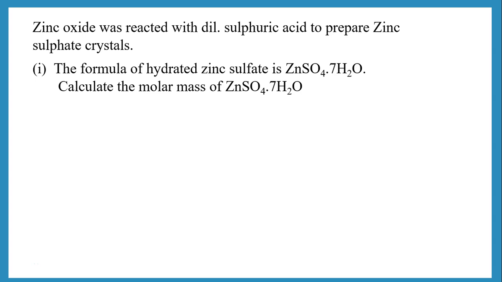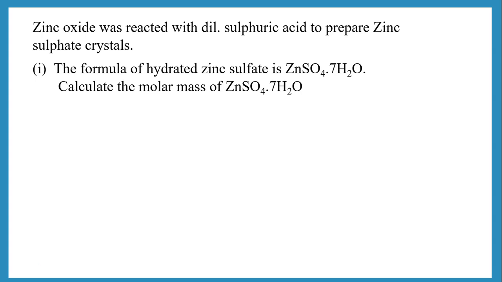This is a basic question, and it says zinc oxide was reacted with dilute sulfuric acid to prepare zinc sulfate crystals. The formula of hydrated zinc sulfate is this: calculate the molar mass.